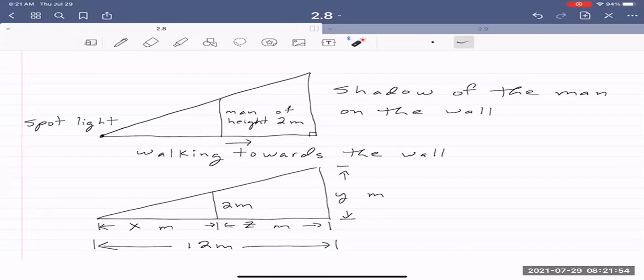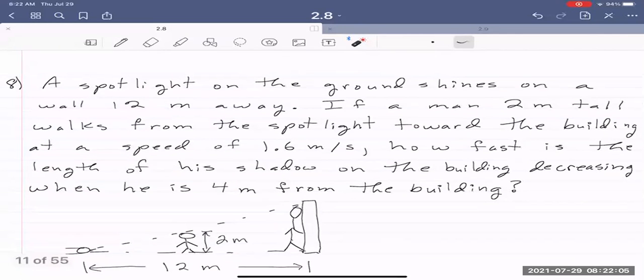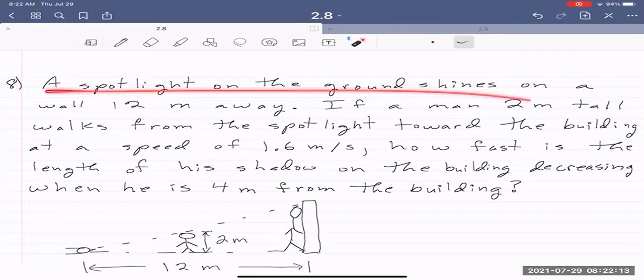In general, how do you read word problems? The first thing to do is to quickly scan until you figure out what they're asking you.